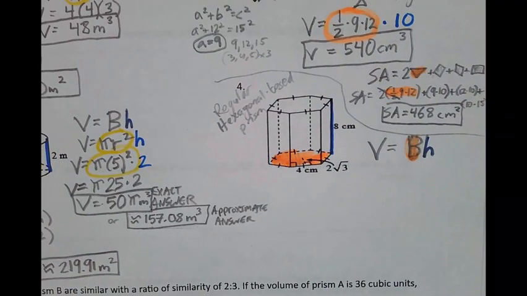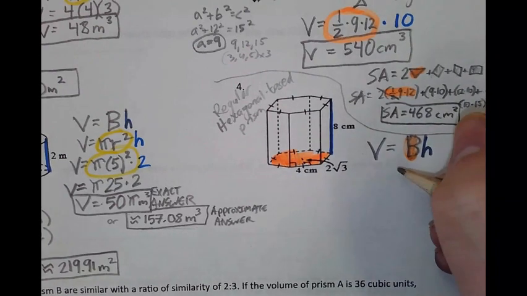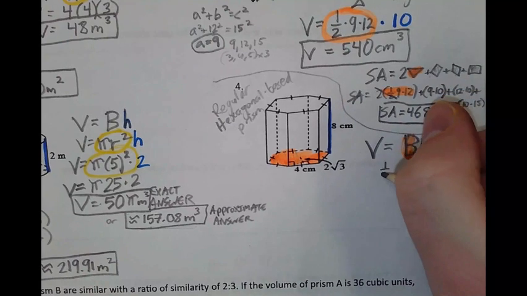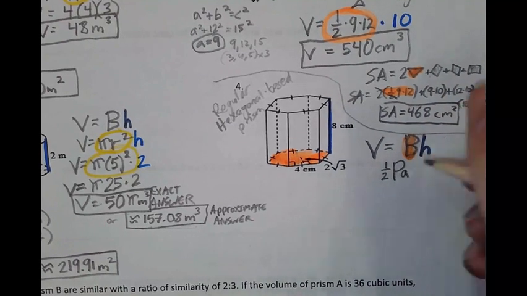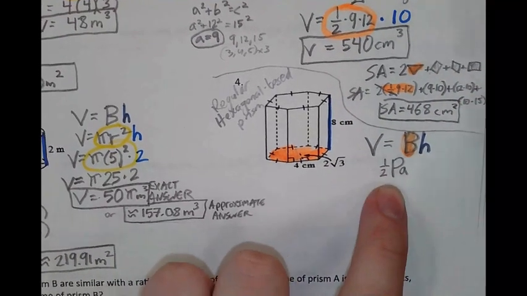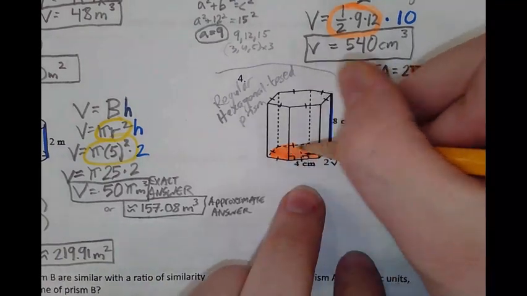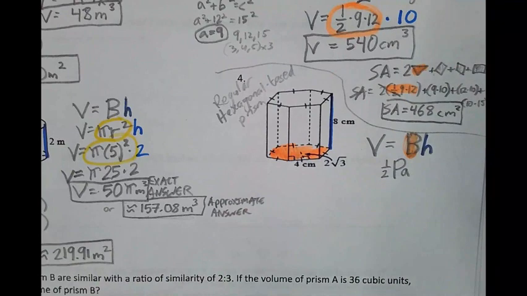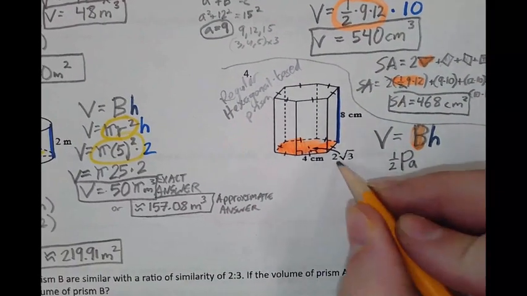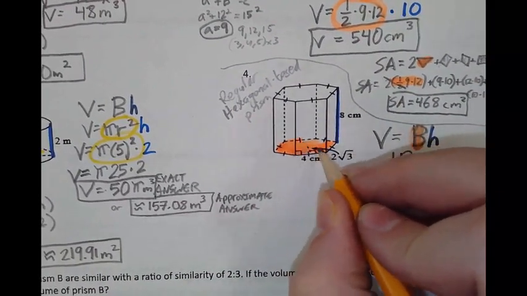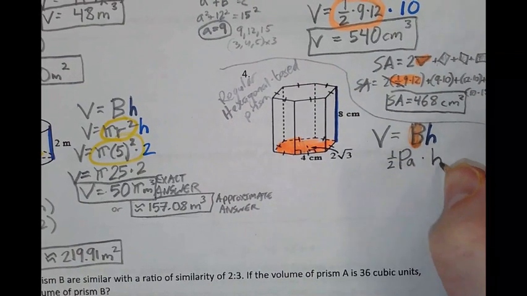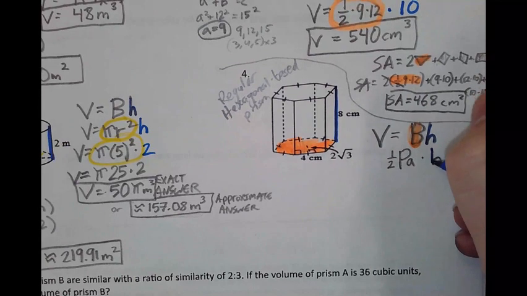Okay. So the area of the base is 1/2 perimeter times apothem. Do you remember that formula? Otherwise, you have to find the area of a regular hexagon in a different way, depending on how you learned it. But we're going to use this formula for the area of the regular hexagon, and that is multiplied again by h.